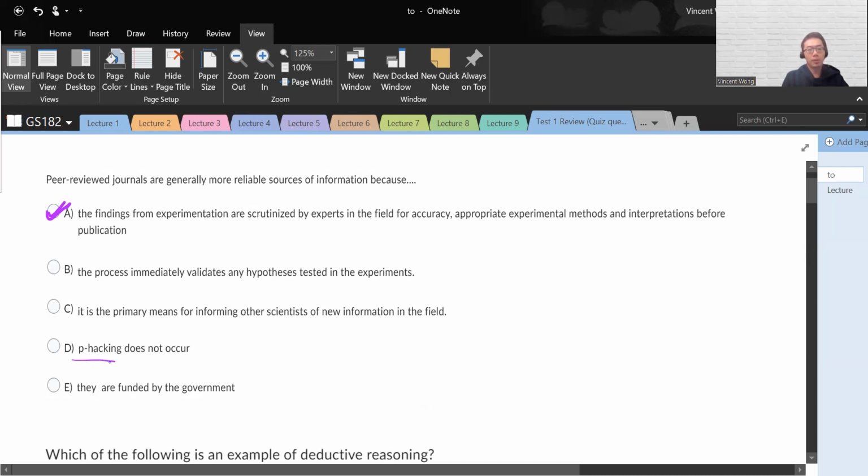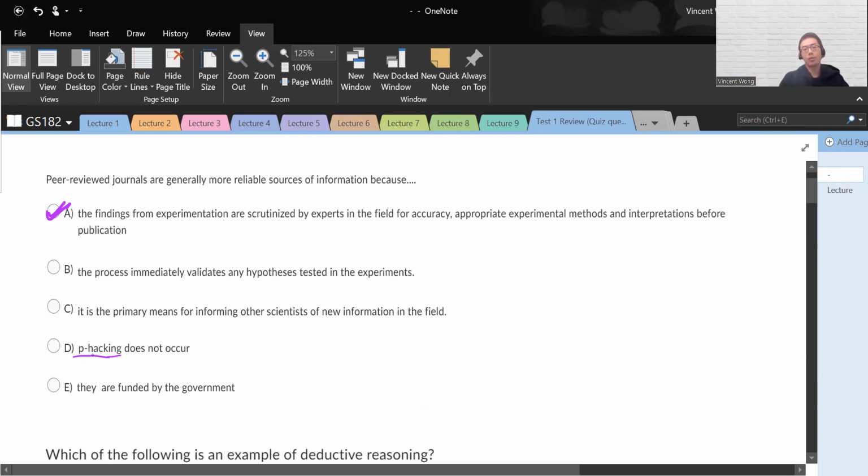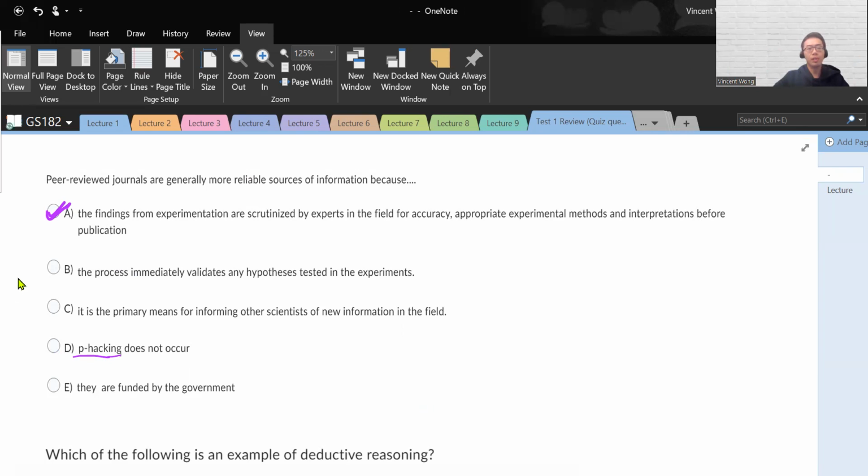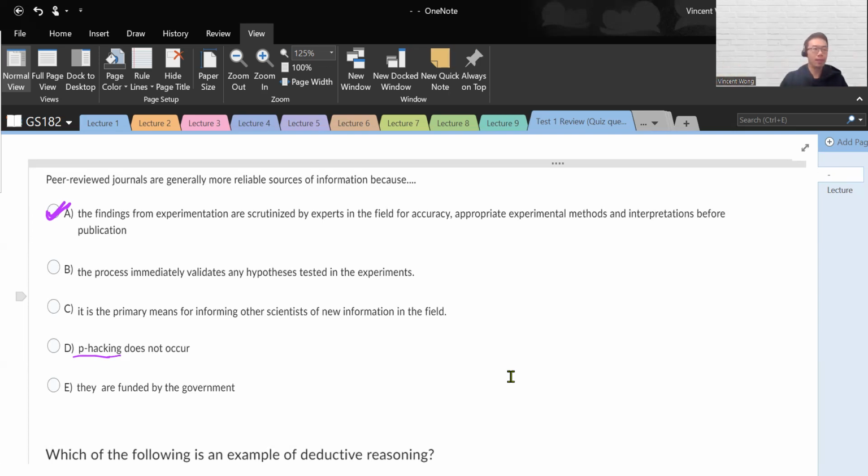Just a quick word about p-hacking, I think people also didn't quite get that. P-hacking is just subconscious or conscious manipulation of the data so that it achieves the result that you want. Just because it's peer reviewed doesn't mean p-hacking doesn't occur. In fact, some people have been caught doing p-hacking on large scale studies of things that are not true, and these were published in very prestigious journals.